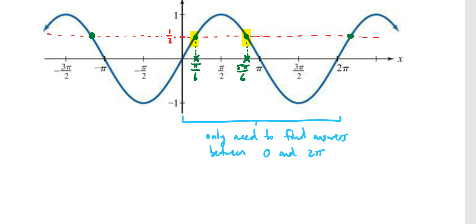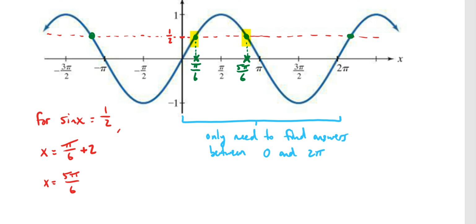So the answers for this equation, sine of x equals 1/2: one answer is x equals pi over 6, the other answer is x equals 5 pi over 6. In order to write this in a way where it repeats that value, we need a way to add and subtract 2 pi to each of these answers an infinite number of times.